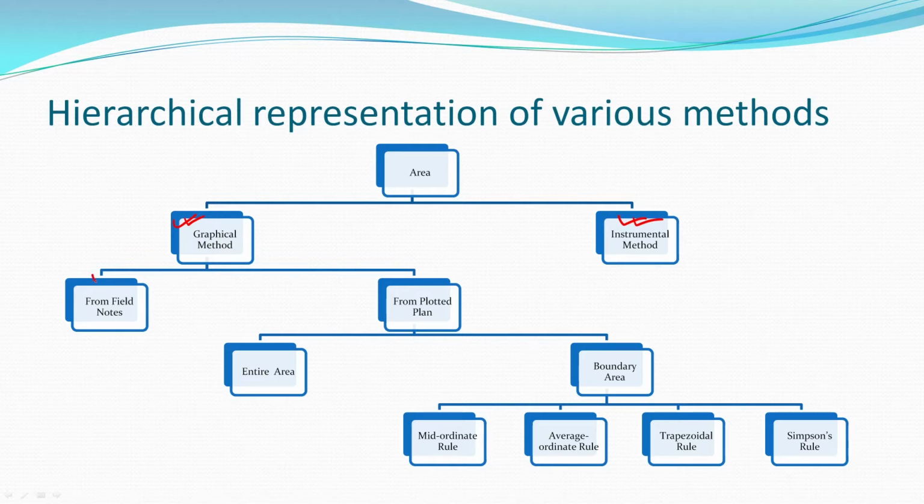Using the field notes we can determine the area, as well as from the plotted plan, and under plotted plan we have two parts, that means using the entire area and using the boundary area, and under the boundary area we will have some methods like mid ordinate rule, average ordinate rule, trapezoidal rule and Simpson's 1/3 rule. I will come one by one on each of the types.